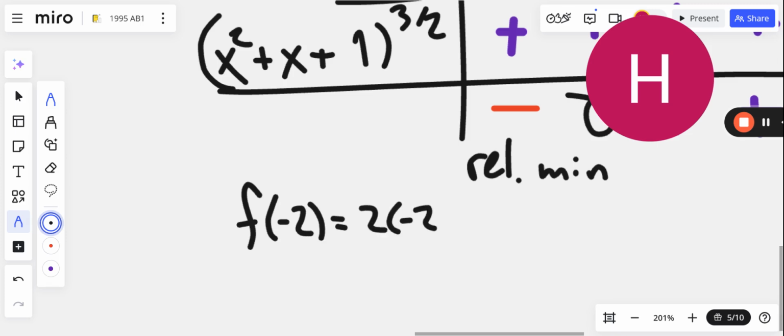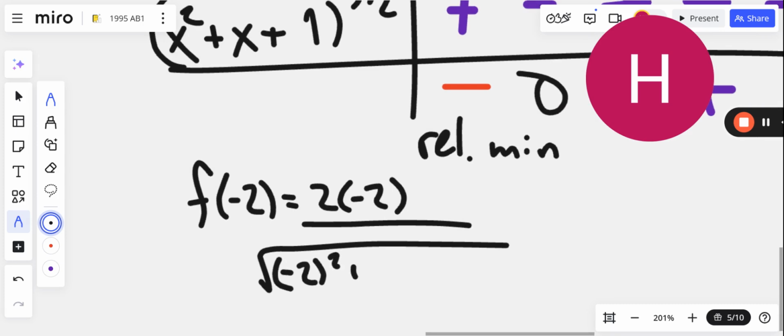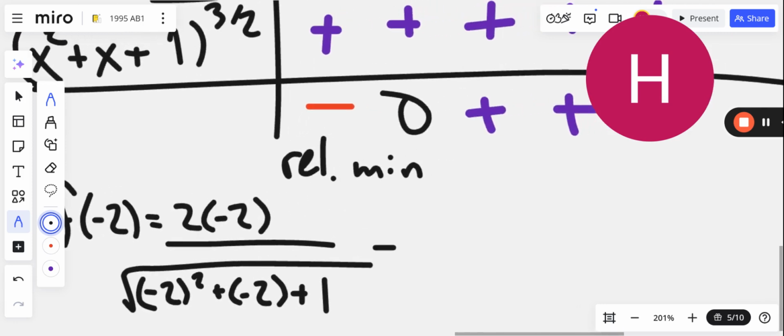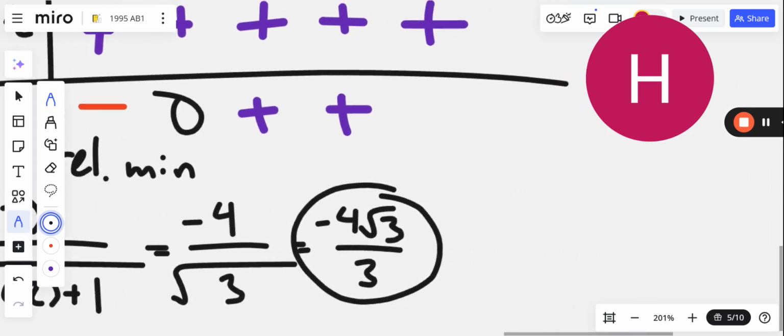That's going to give us 2 times negative 2 over the square root of negative 2 squared plus negative 2 plus 1. Now this is the original function that I'm plugging it into because I want to find the y value of this point. I'm going to get 4 minus 2 is 2 plus 1 is 3. We could also call this negative 4 root 3 over 3. That would be acceptable.